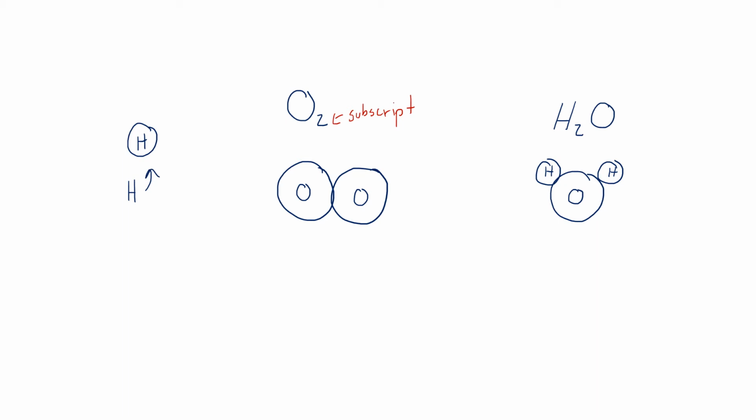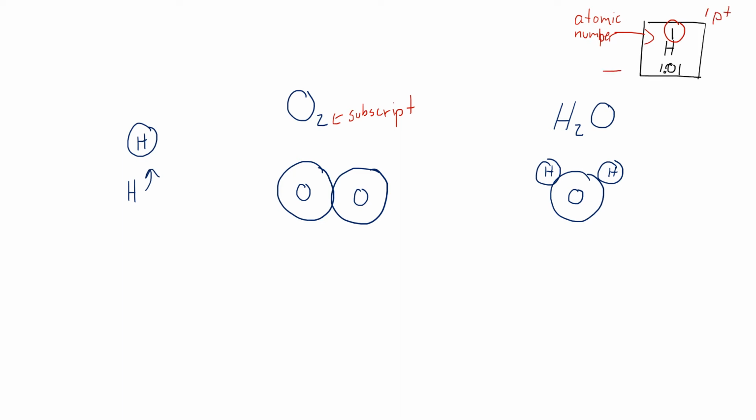Recap: all elements on the periodic table have a box where I would have the chemical symbol, the 1 or 2 letter symbol to represent the element. I have my atomic number, which is the whole number on the top that tells us the number of protons, and I have my atomic mass. If I'm looking at hydrogen, the atomic number is 1, so that means I have 1 proton.